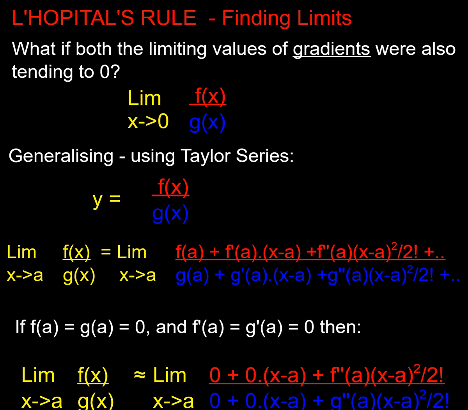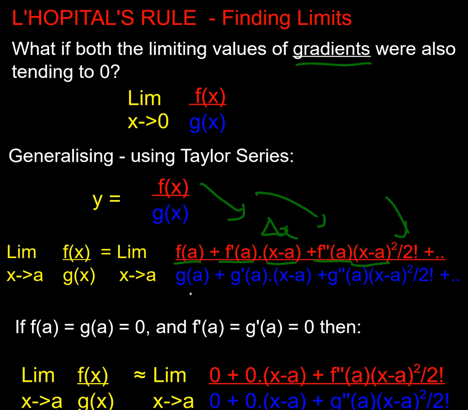One other nuance. What happens if we find that the gradients are 0 as well as the initial values? Well, if you think about it, using my trusty Taylor series, if I just take the first three terms, I've got f of a plus f dash of a times delta x, plus f double dash of a times x minus a squared over 2 factorial.